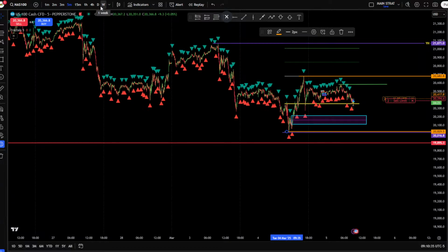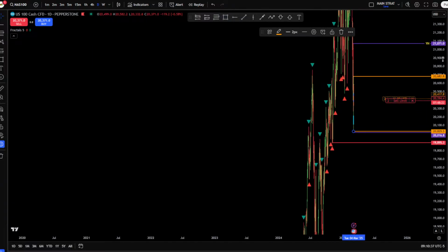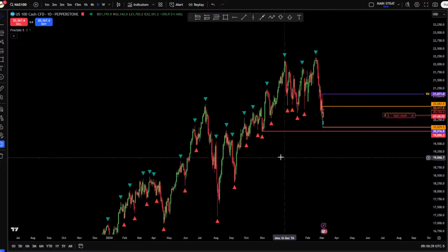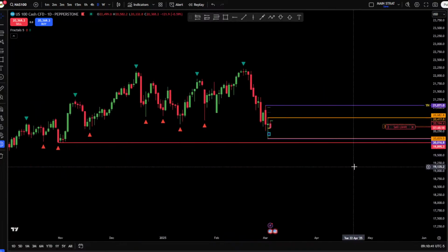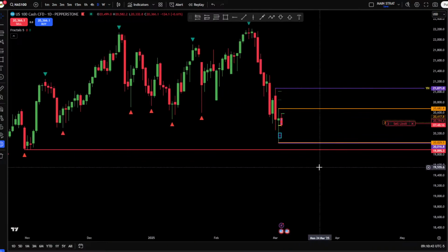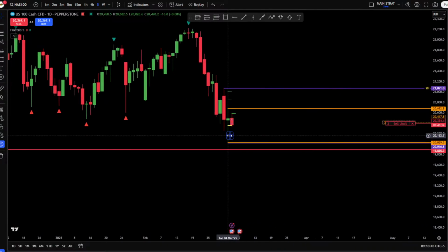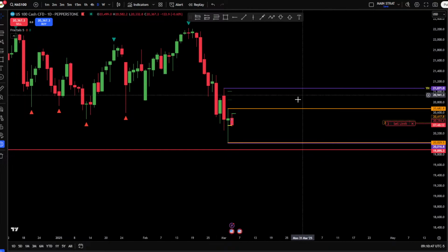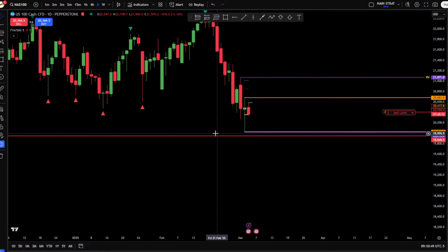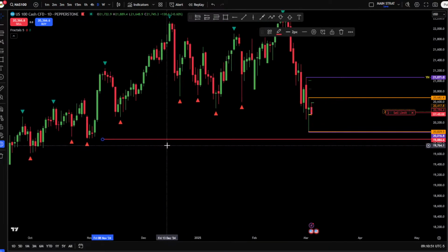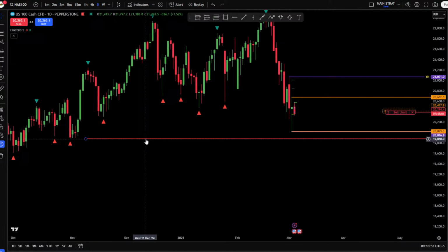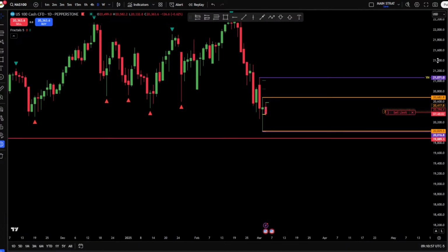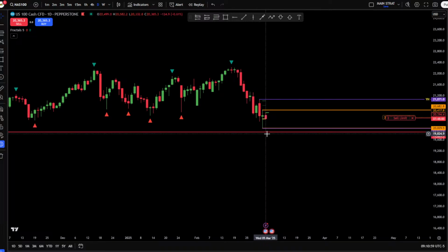If we look at the daily candle real quick, let's see what this looks like. We do have a big wick right here. I think we could perform a swing low right here.